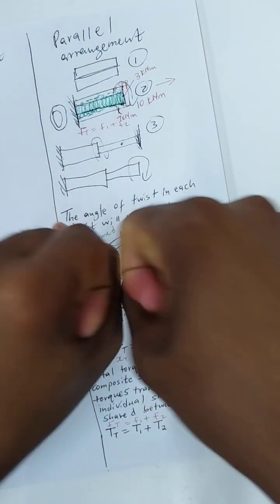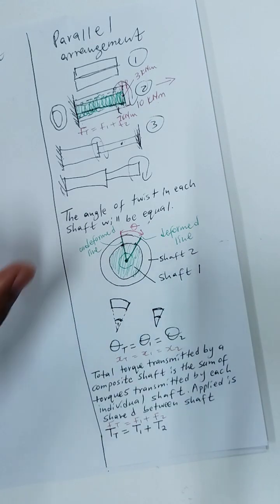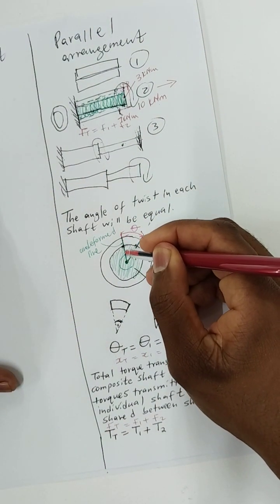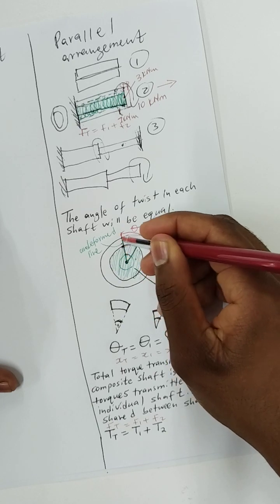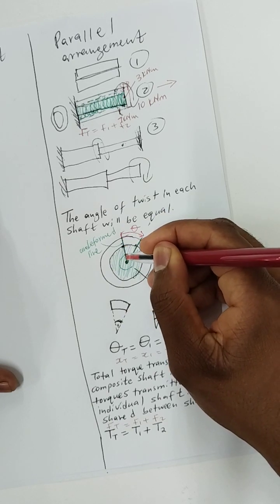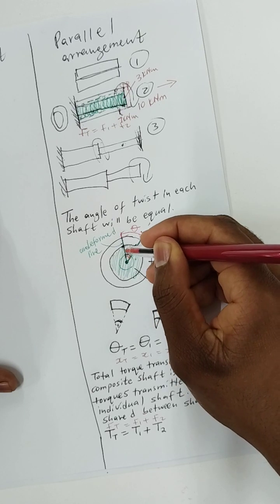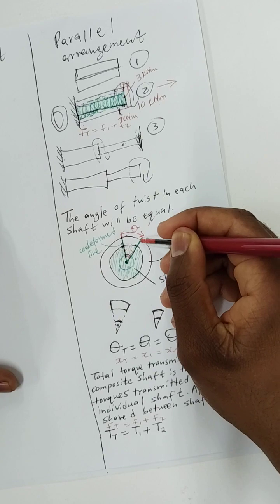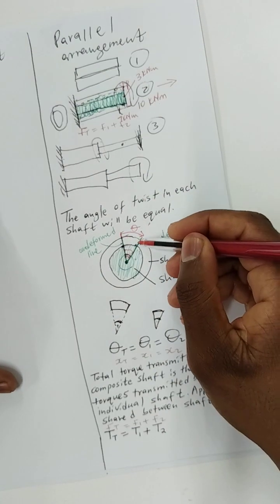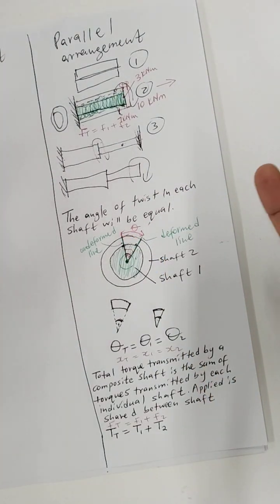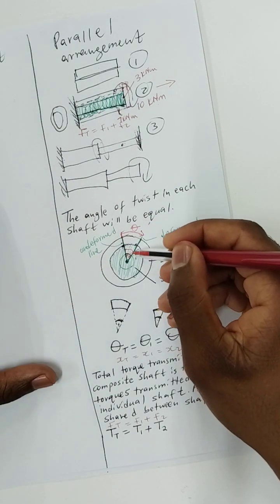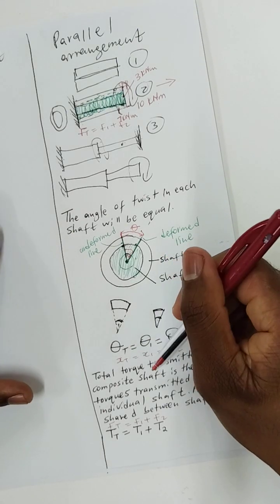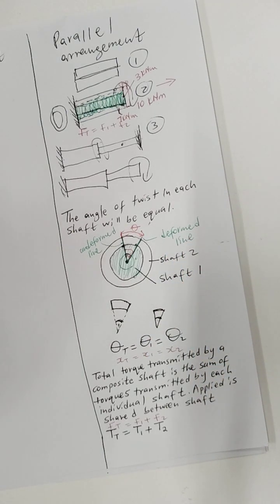But if you twist it, the deformation will be in this direction. The material that was here will move from here to there. So you can relate it to the change in length, it's just that this change in length forms an angle like this. So you can relate this theta with the change in length.